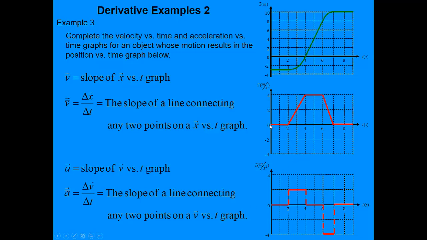If we connect the 0, 0 point all the way over to 9 seconds, note, what slope is that? It's got a 0 slope. It's a horizontal line. So the average acceleration over the entire 9 seconds is actually 0. Do you see that on the acceleration time graph?